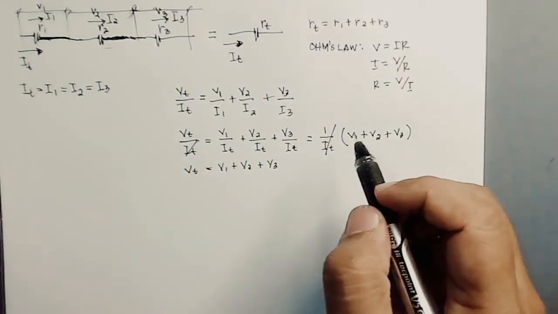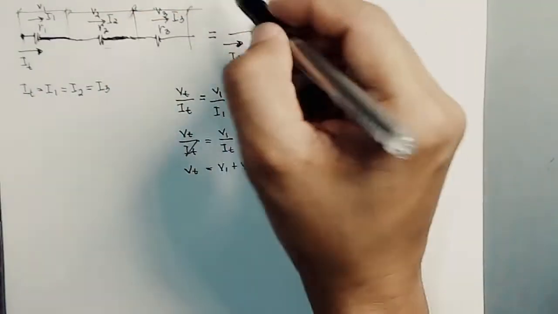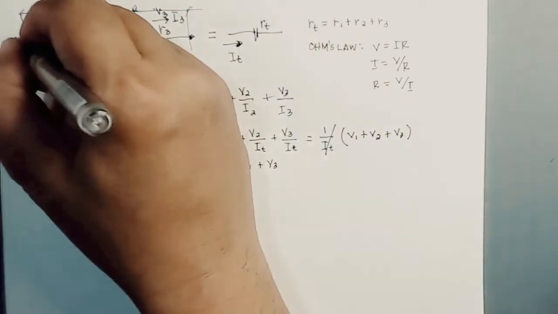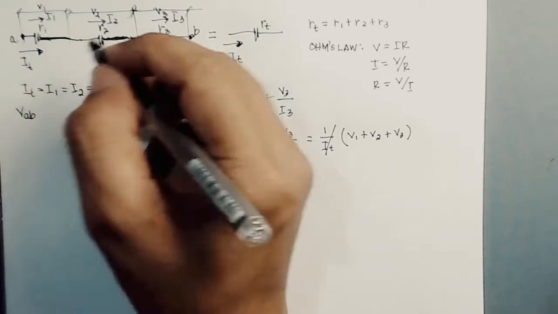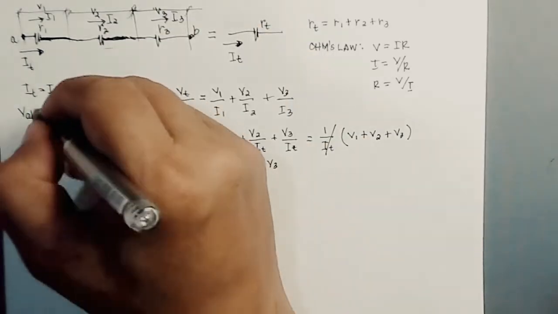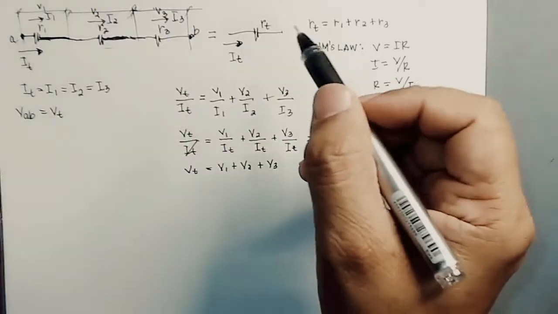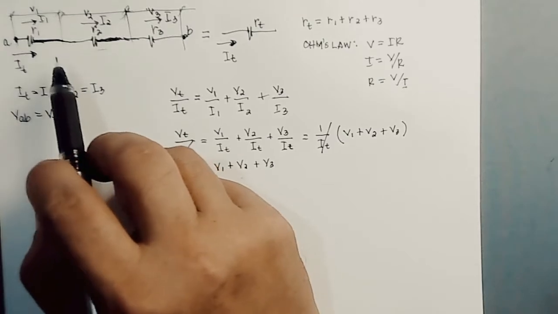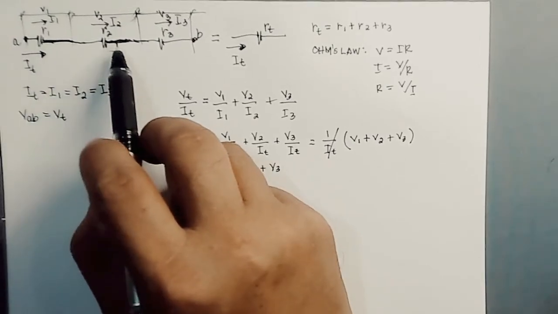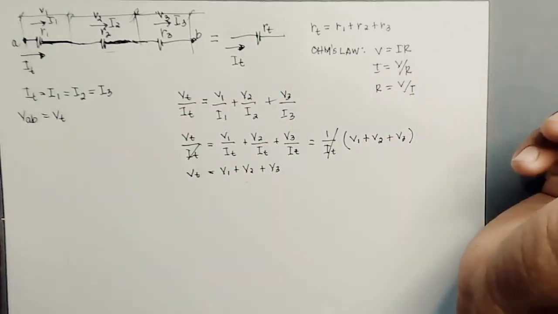So therefore, the whole voltage here, considering this point, let's say this is A and B, which is V sub AB, from point A to B, or the total voltage, is actually equal to the summation of the voltages: the voltage at R1 added to the voltage at R2, and also R3.